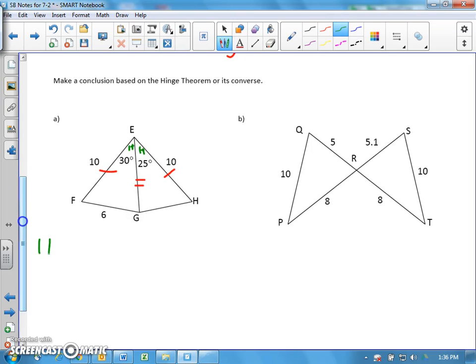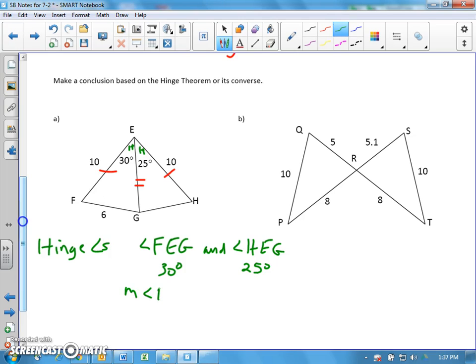So my hinge angles would be angle FEG and angle HEG. Since FEG is 30 degrees and HEG is 25 degrees, I know that the measure of angle FEG is greater than the measure of angle HEG.